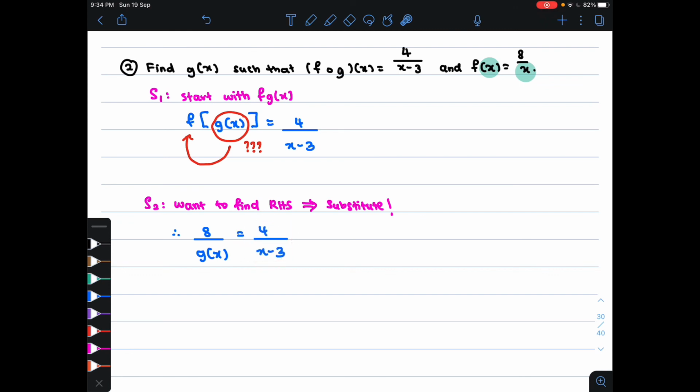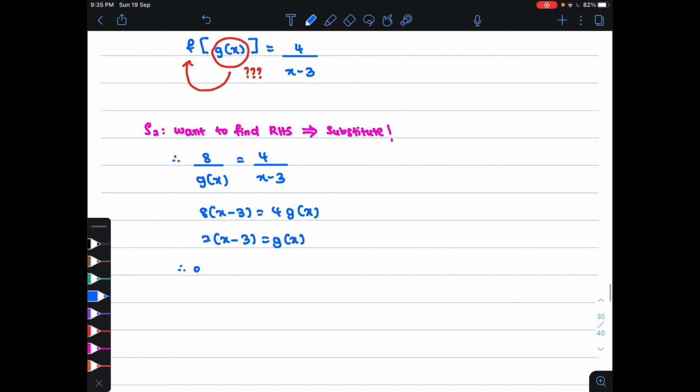And now we just need to solve in order to find gx. And hence, the final answer is gx equal to 2 times x minus 3.